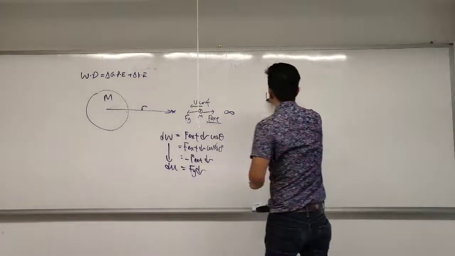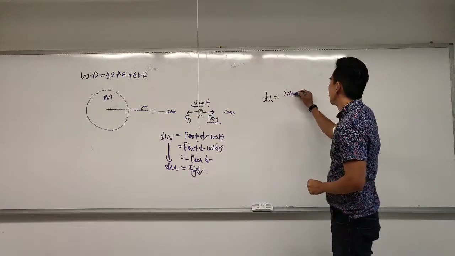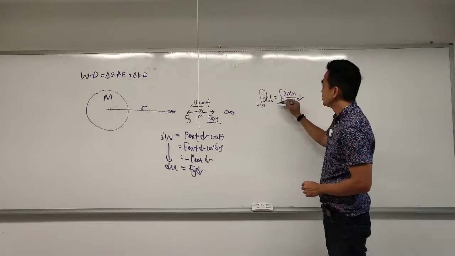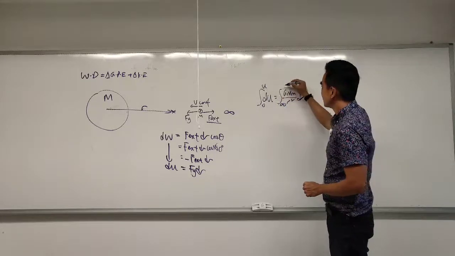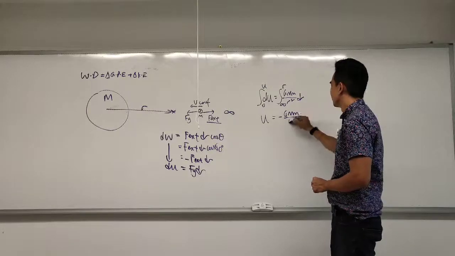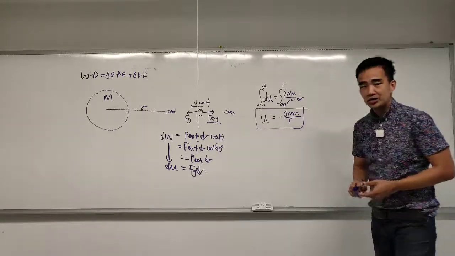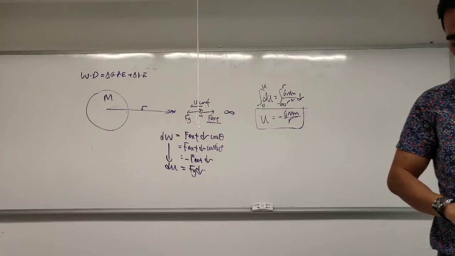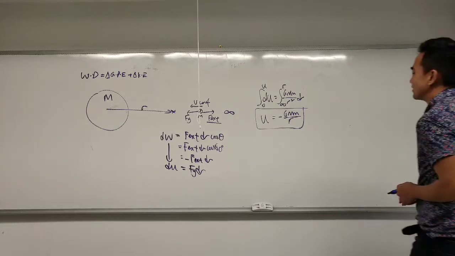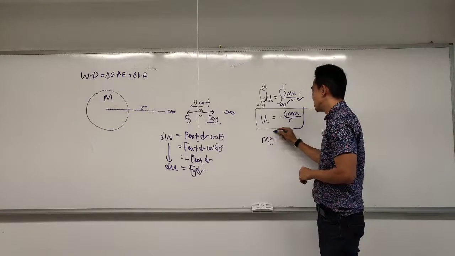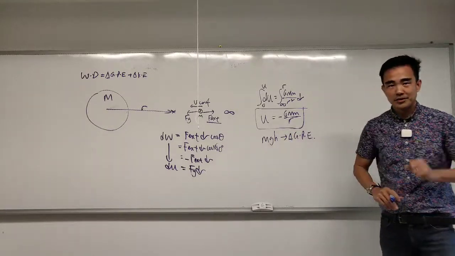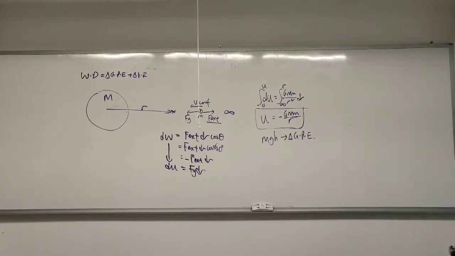Hence, dU equals GMm upon r squared dr, and if I integrate this from 0 potential energy at infinity to a certain potential energy at distance R, I'll get U equals minus GMm upon r, and this is the potential energy of a mass at a certain distance. Alright, so this is the expression for potential energy, not mgh. mgh is the change in GPE. Remember that. It is a change in GPE, not GPE.